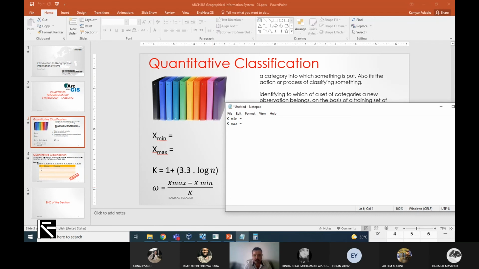We have one formula, we call it K, or we could say the class. K equals 1 plus, in parentheses, 3.3 multiplied by logarithm n. What is n? It is the number of the members. This is our first formula, and let's also write our second formula.